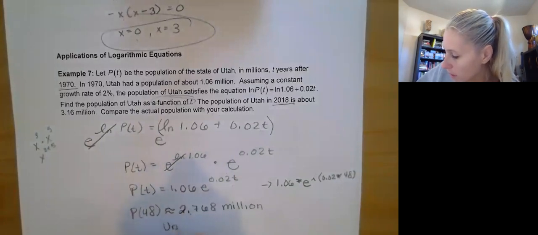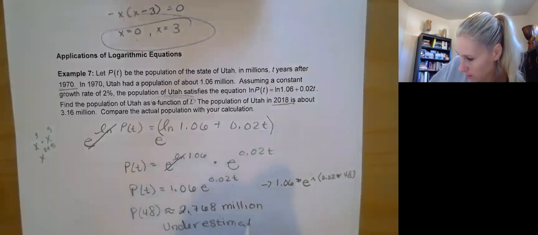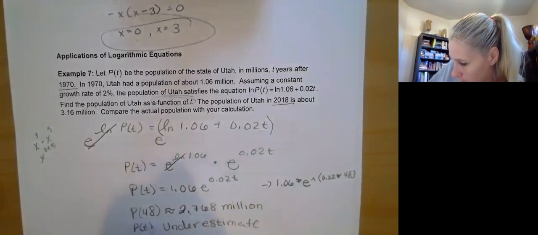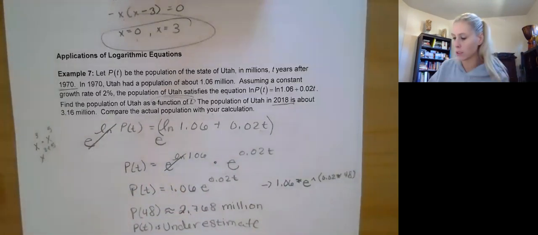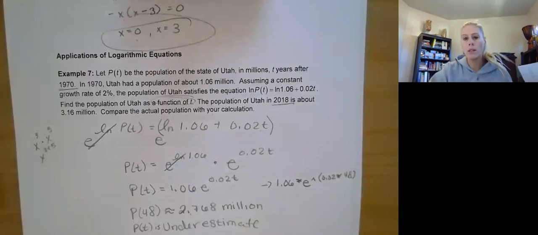So when it compares, you would say it's an underestimate. In other words, P of T, the model, is an underestimate. Awesome, you guys. That's done with 4.4, and I'll be recording the next one really soon.